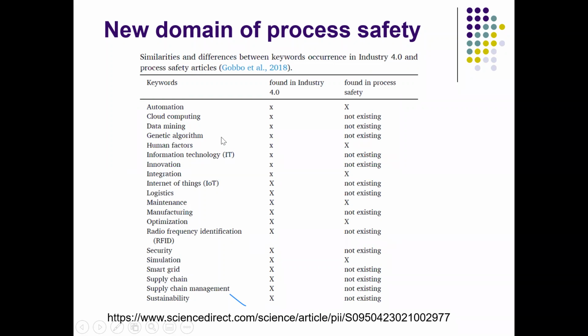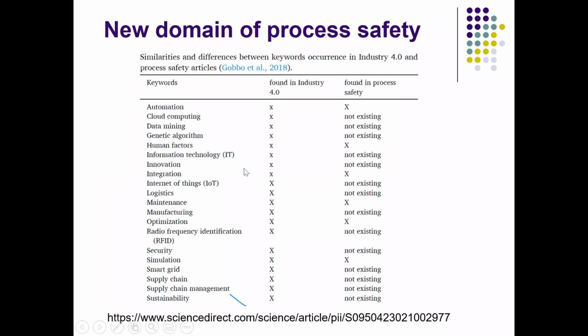Develop genetic algorithms to understand behavior and predict human factors. This we study in our curriculums, as it shows here that there is already human factors. I think one of your courses talks about human factor engineering, how to effectively manage the human aspects within the industry.